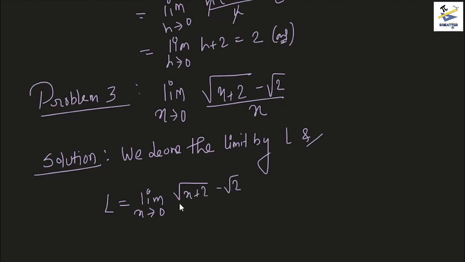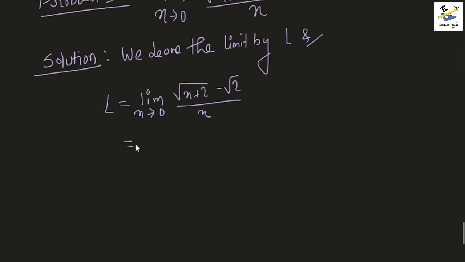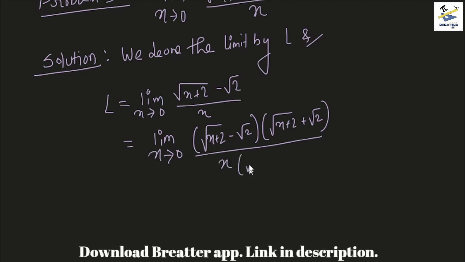So it's (root of x plus 2 minus root 2) divided by x. Now how to rationalize? You need to multiply it with the conjugate. Here the conjugate is this portion, and the denominator would be like this.